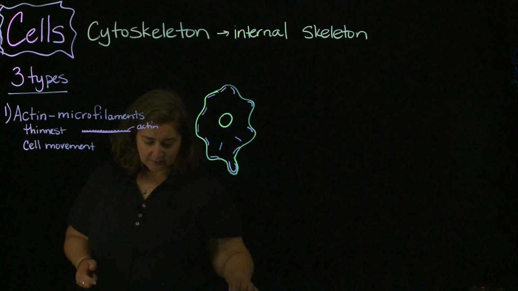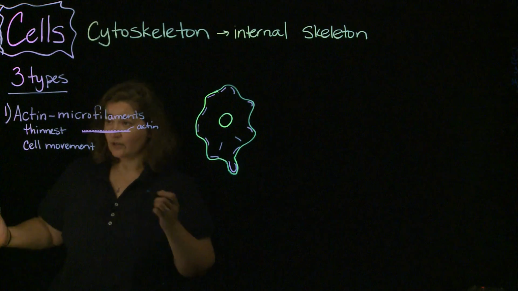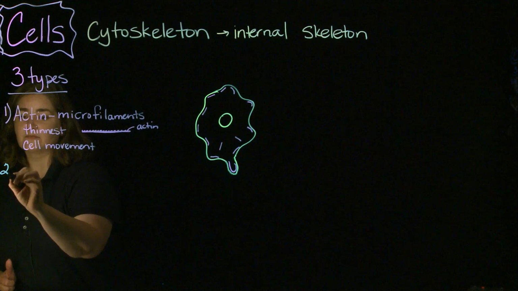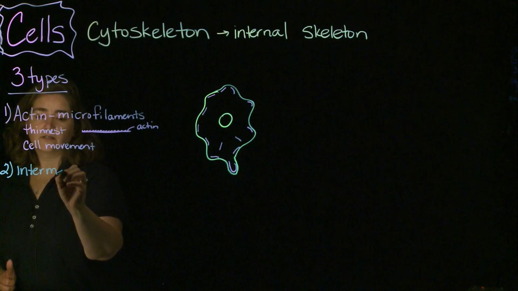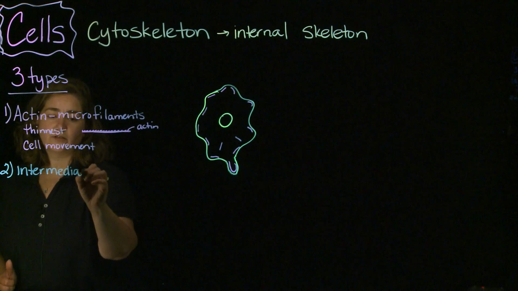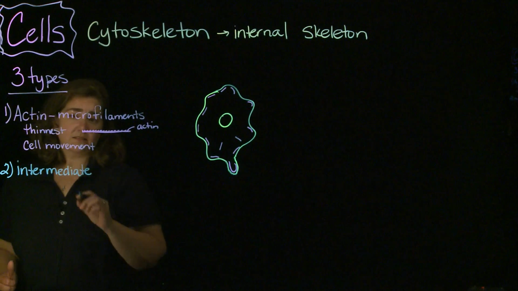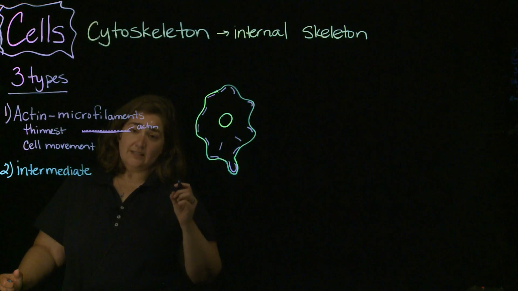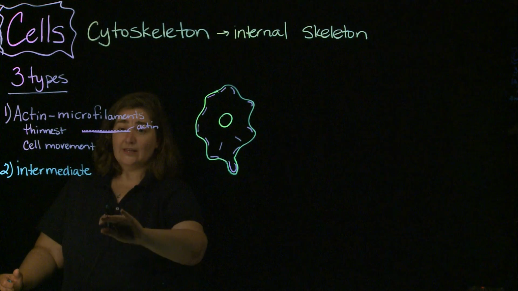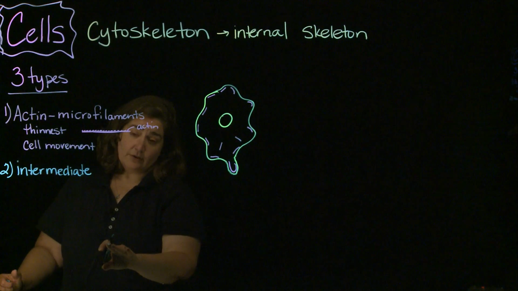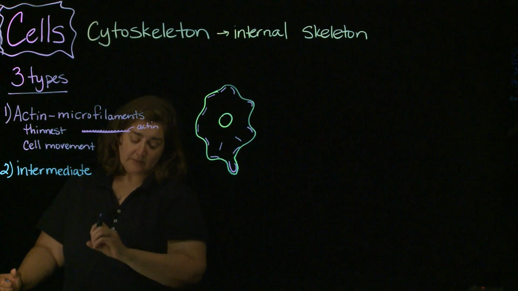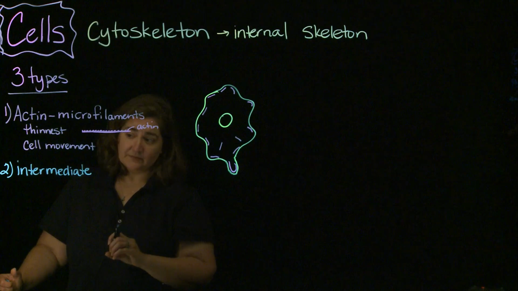That's our microfilament. I'll use a different color here so I can draw it on the same cell. We've got our intermediate filament, and it's named because it's in between on size between actin and our largest filament, which will be microtubules, all right?